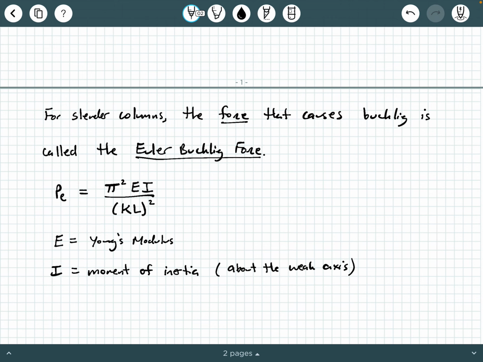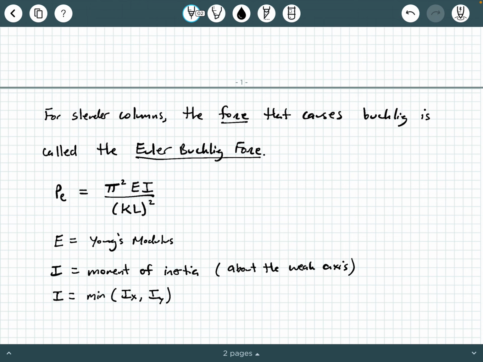And so what I will be equal to for the purposes of this introductory video is the minimum of Ix or Iy of a member's cross-section. And like I said, when you get to more details in column analysis, you're going to dive into which I value you use under different circumstances.